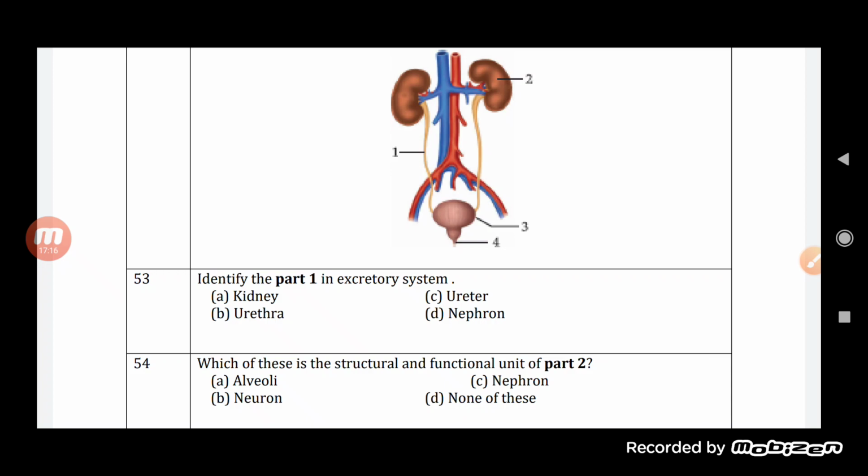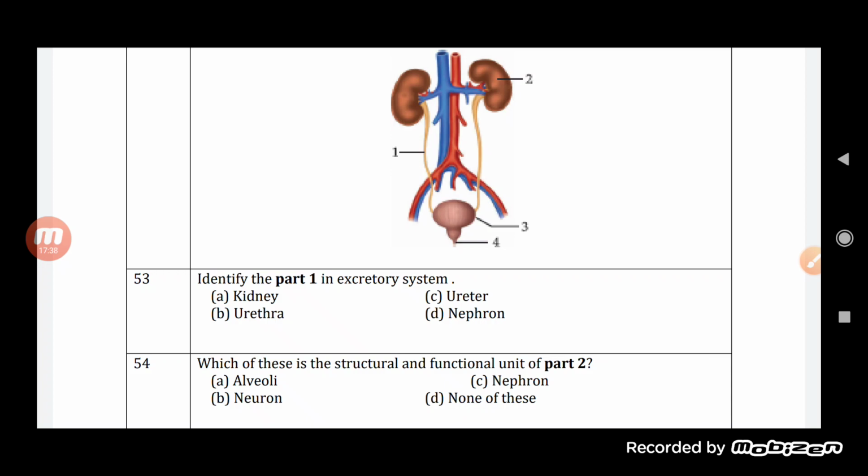Now you see here, students, the tube-like structure coming out of the kidney is the ureter. Then the urethra will be there. So the correct option will be ureter.